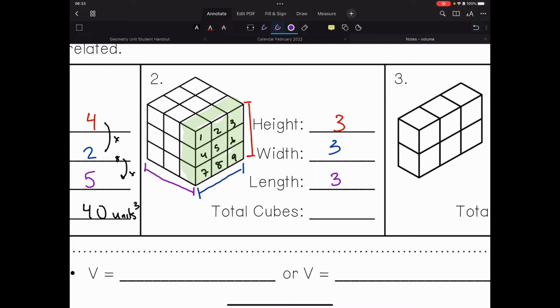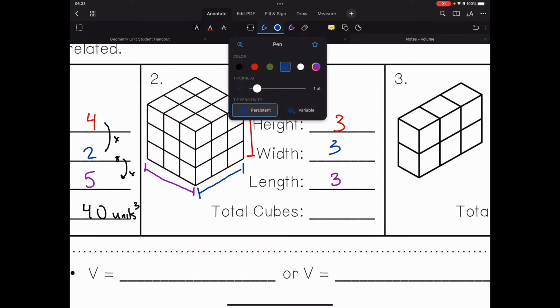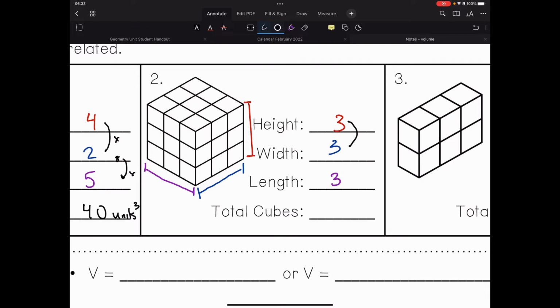Or the easier way to do this would be to take the dimensions that we counted. We've got 3 times 3 is 9. And then 9 times 3 is 27. So our answer is 27 units cubed.